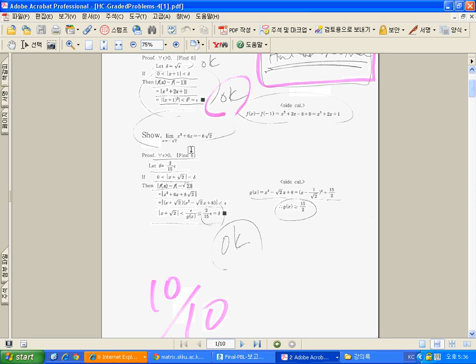Here is the same thing. For finding the limit of this one, for arbitrary epsilon, this side calculation gives us that g of x is greater than or equal to 2 over 15, and f of x minus f of minus square root of x can be written as this, which is smaller than this.